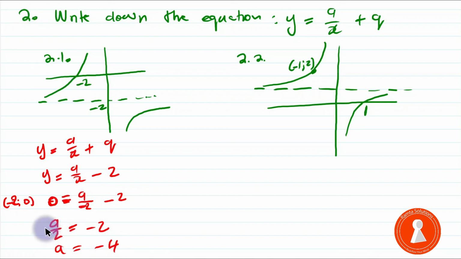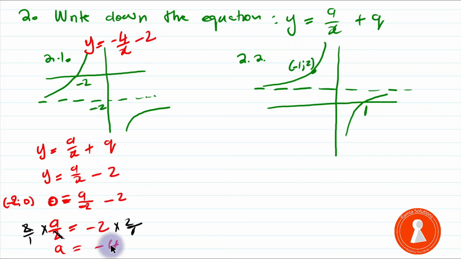In case you get confused, it's similar to multiplying by 2 over 1, because these 2 will cancel these 2. Or simply it's 2 over 2. This is why our a is -4. Therefore, the equation of this graph is y equals -4 over x minus 2.